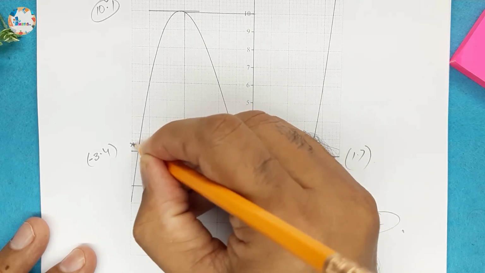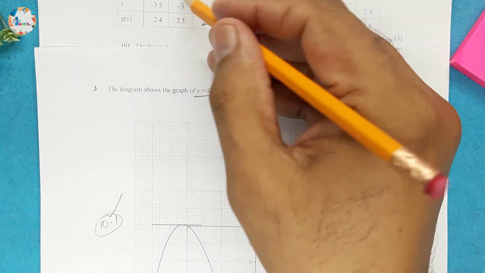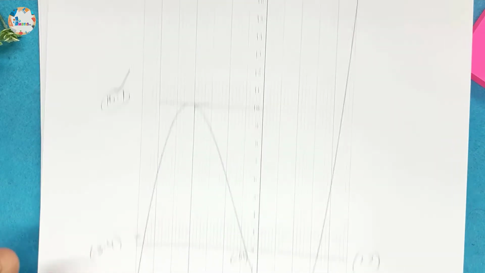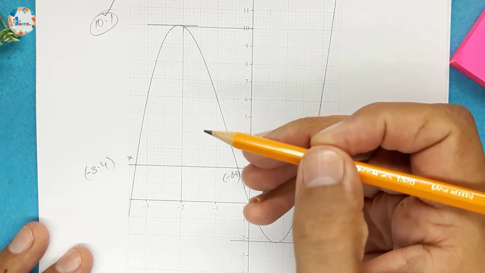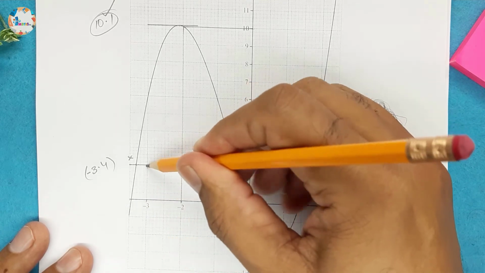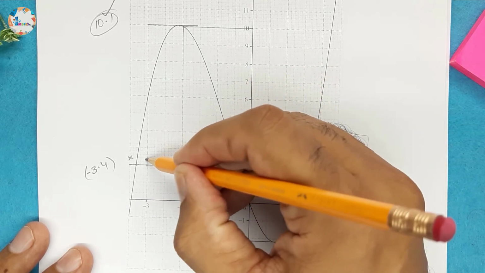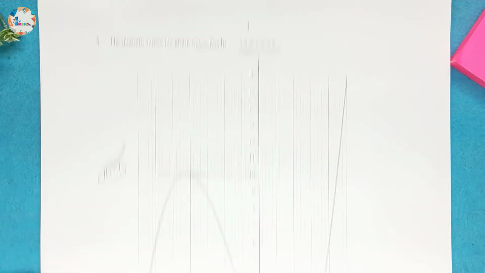So this is the first point which we have marked, and the second point is minus 3 and 2.3. Sorry, minus 3 here and 2 is here. So 2.3 will be over here. This will be the mark.